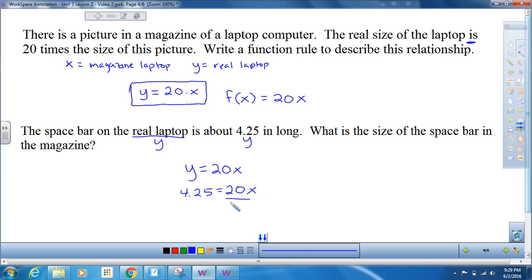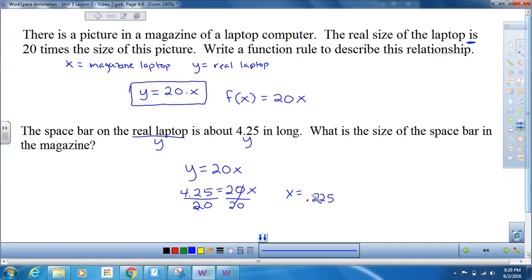Okay, and to solve, I need to divide by 20. So 4.25 divided by 20 is going to be a small number. And I got 0.225.